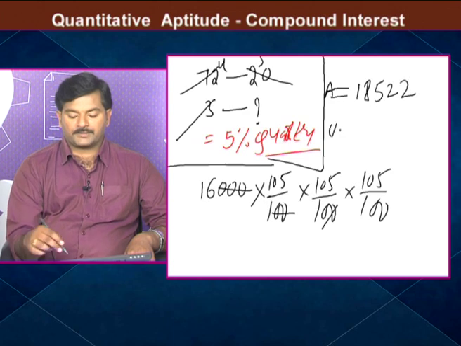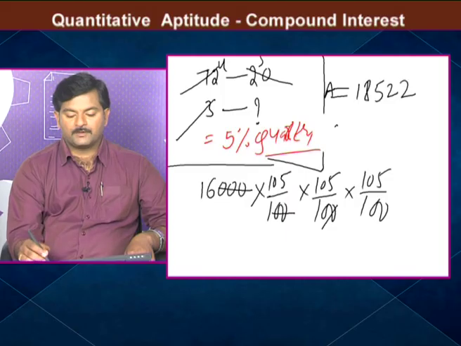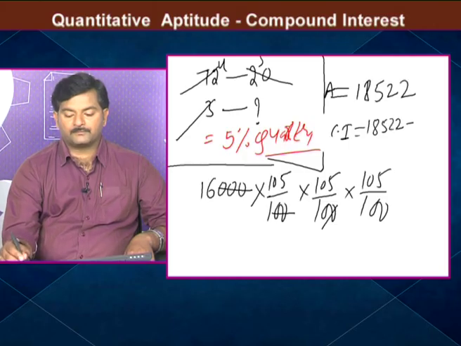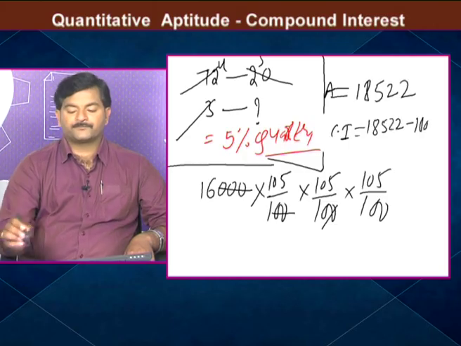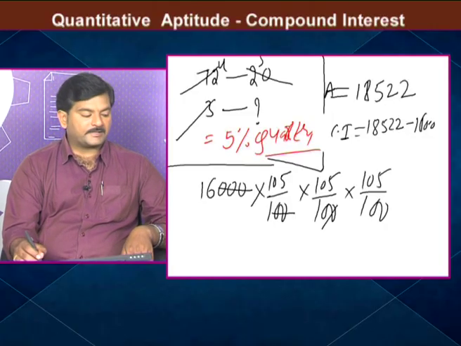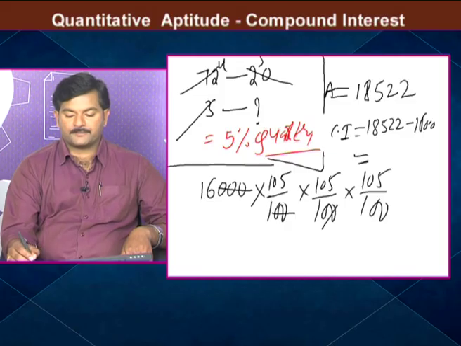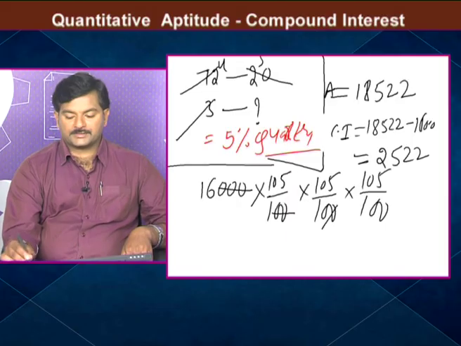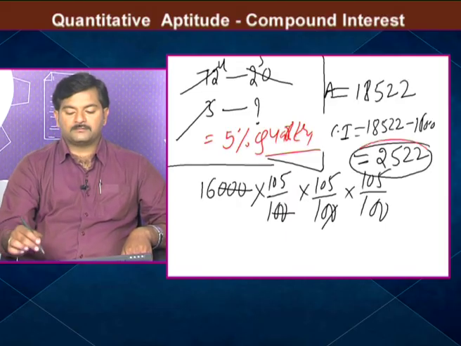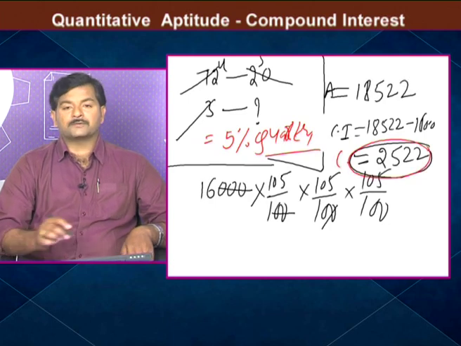Compound interest equals 18,522 subtract 16,000. So what am I getting? Final answer: 2,522. This is the compound interest. This is the answer for the given question.